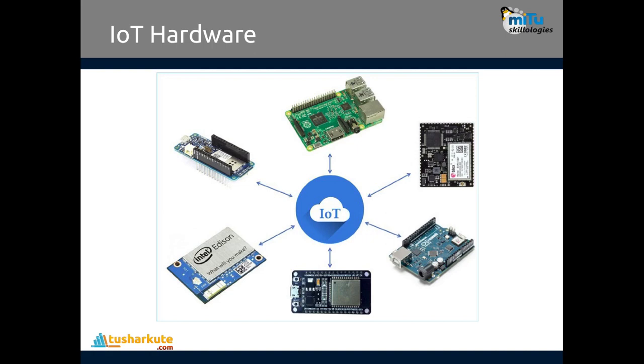Many such boards are available by which we can use them as an IoT hub, and with the help of this IoT hub, data can be collected from the sensors and the output can be given to the actuators. Okay, and then your IoT system can be designed so easily. This is the main part. This is what we call the brain of IoT systems. Without this brain, your IoT systems can't communicate with each other.